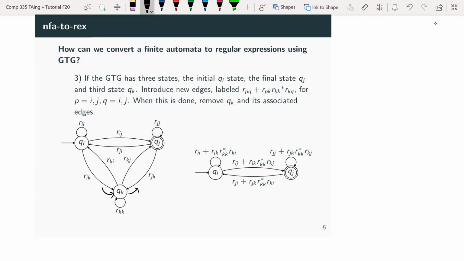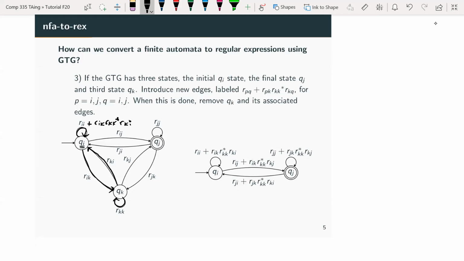For instance, if I'm in QI and I want to stay in QI, I can either take the transition RII and go back to myself, or I could go to QK with RIK, then stay in QK a couple of times, RKK star, and then from QK go back to QI with RKI.